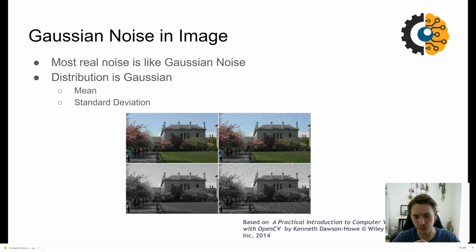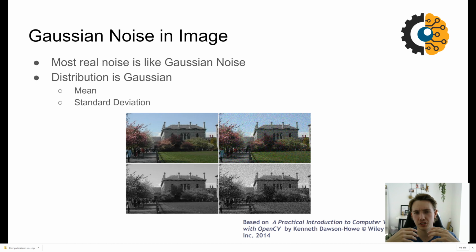So we talk about this Gaussian graph here, where we have the mean values and standard deviations of our noise. Here we can see that we can still tell what's happening in the picture, but the noise is distributed over the image, so it just gets a bit more blurry.